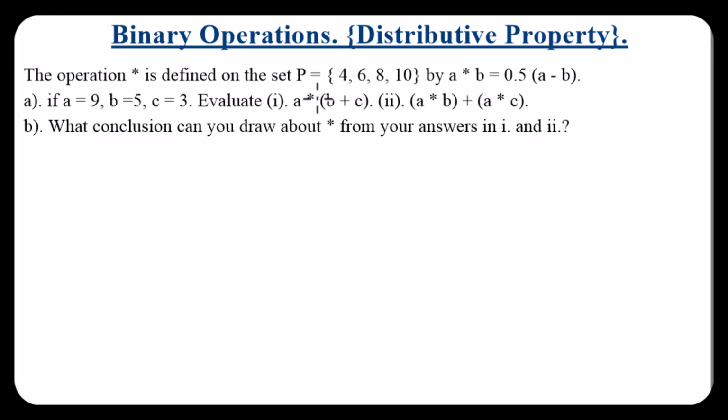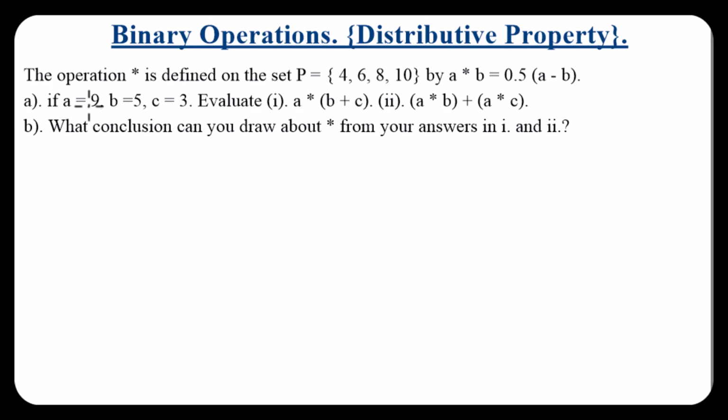Now, some questions. Set P will contain the values of A, B, and C. You can see for set P we have 4, 6, 8, and 10. But the value of A is 9, value of B is 5, value of C is 3.